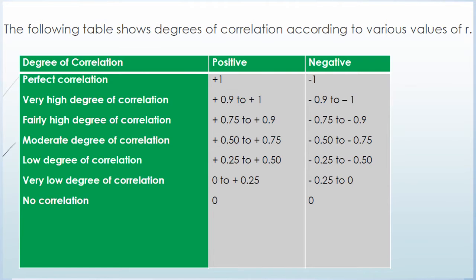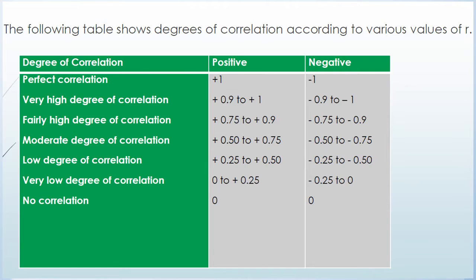We say positive low degree of correlation when the value of r is 0.25 to 0.5. And when r is minus 0.25 to minus 0.5, we say negative low degree of correlation.